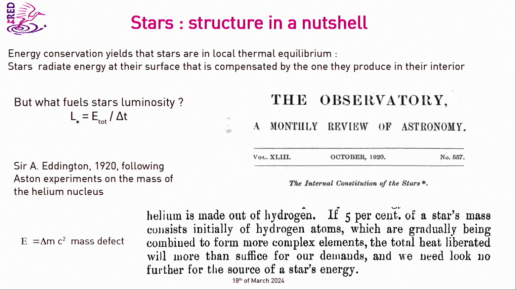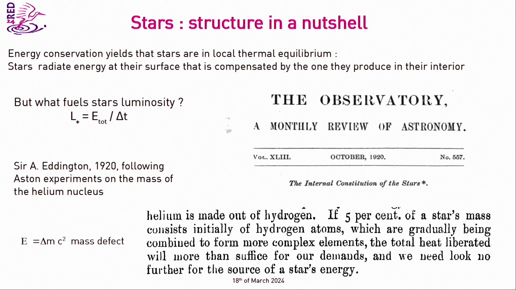And so he wrote this. There's a long paragraph saying that they've come to a dead end, and we have to find where the energy of stars comes from. He refers to this experiment, and he says that helium is made out of hydrogen.